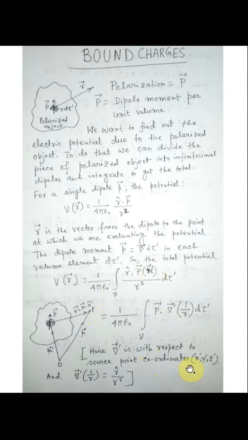When we talk about field point coordinates, that is with respect to this point P. Field point means where we want to find out the potential. So in that case the coordinates we write as x, y and z. So this is the form of the potential, and from here we can write this. In place of r cap by r square, we are writing del prime 1 by r. Here del prime is the gradient with respect to the source point coordinates.